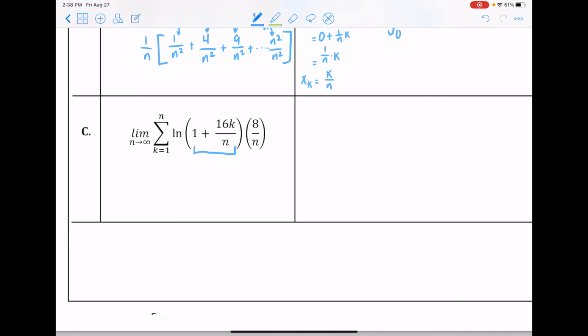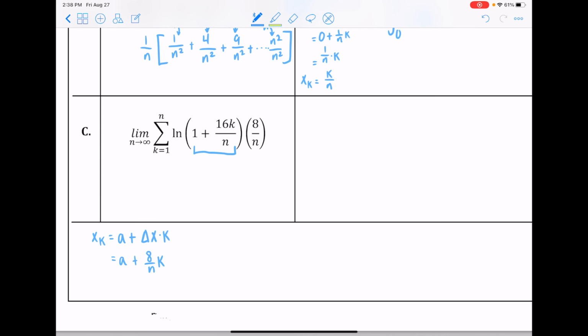So we've got 1 plus 16k over n. Remember, x sub k is the starting bound plus delta x times k. And in this case, we actually know that delta x is 8 over n, right? So we know that this is 8 over n times k.